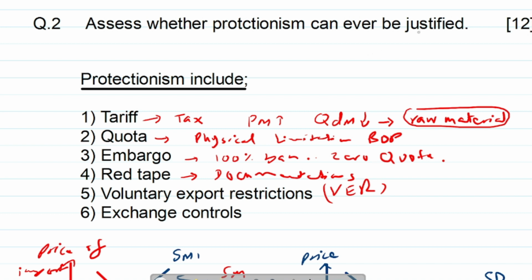For example, if Pakistan is facing a deficit because of greater exports of China, because Pakistan is importing goods from China, China may support Pakistan by asking its exporters not to export goods to Pakistan so that the balance of payment of Pakistan can be corrected.